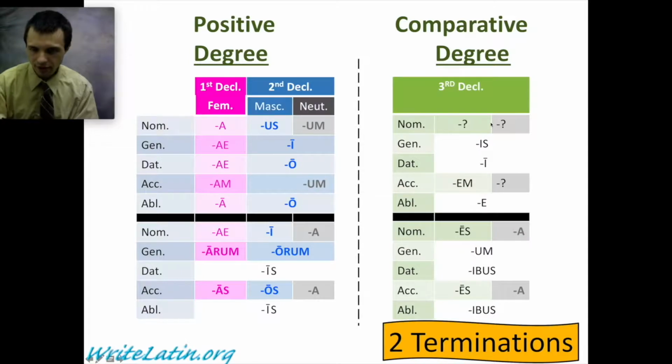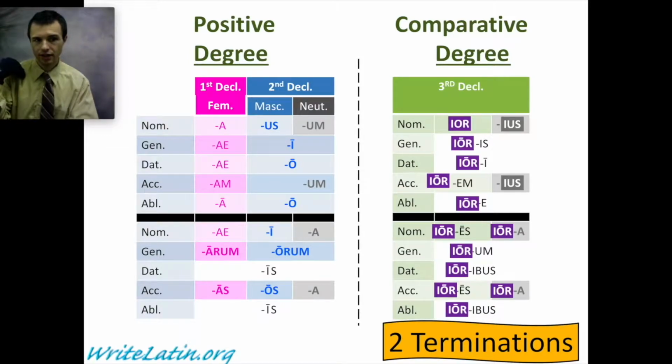Now remember, back in third declension, if it was a two-termination adjective, it was always -is and then -e for the neuters, like brevis, breve. But here it's still going to be two terminations, but it's a different two: -ior and -ius. So it's two separate terminations this time. But in any case, it still is a two-termination adjective. And any comparative, forever and ever amen, will be a two-termination third declension adjective over here.